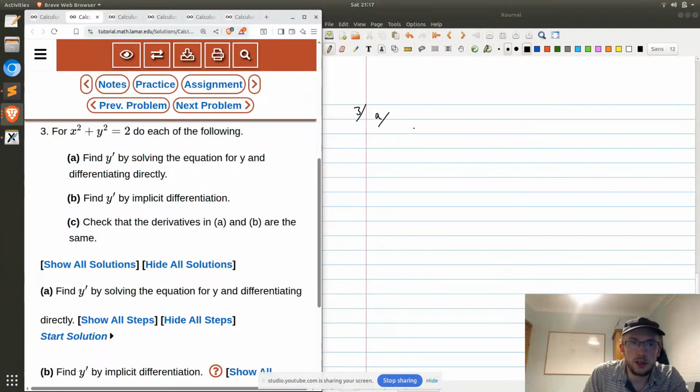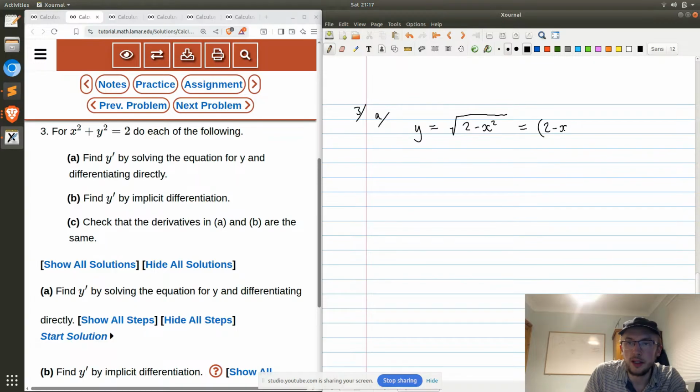So first, we make y the subject. So y would equal the square root of 2 minus x squared. In other words, 2 minus x squared all to the 1/2. Then dy by dx, applying the chain rule, would be 1/2 of 2 minus x squared to the minus half, all multiplied by negative 2x.